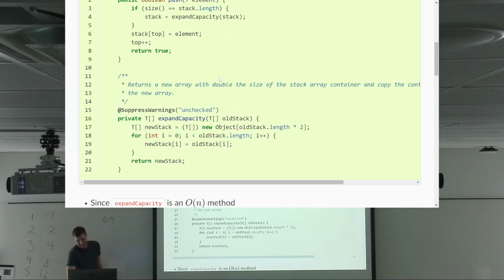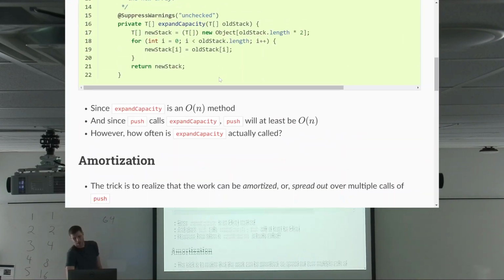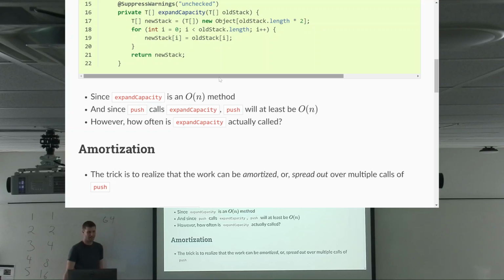Who here knows what the word amortization means? Raise your hand if you've ever heard it before. You've heard it, but what does it mean? It's kind of like saying we can spread out the cost of something over a period of time. Loosely, all right?